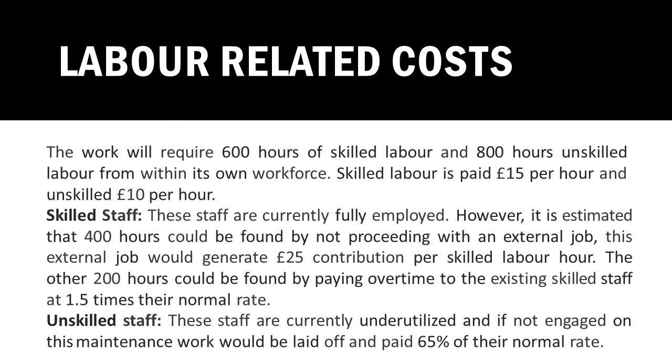It's incremental cost. We have two options here. Use the labor, don't use the labor. If you don't use the labor, we pay them $6.50. If you use the labor, we pay them $10.